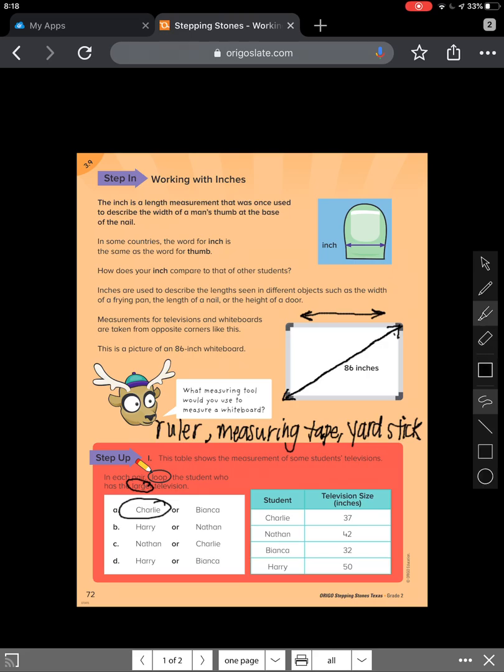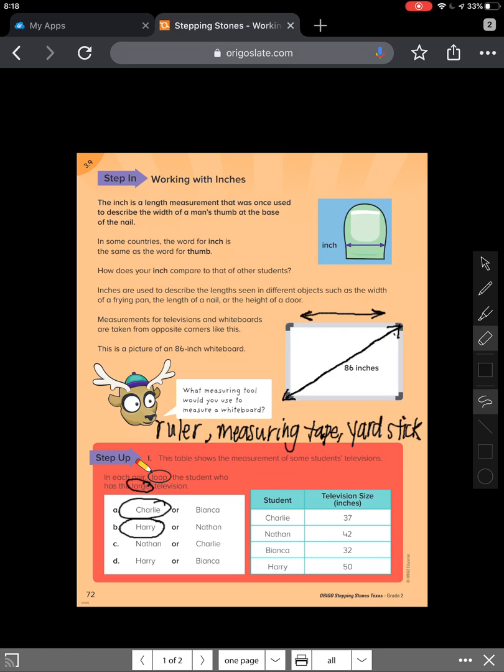So now I'm going to move on to B. I'm looking at Harry or Nathan. So Nathan has a 4 in the tens place and Harry has a 5. So that already tells me right there that Harry is going to have the larger television.